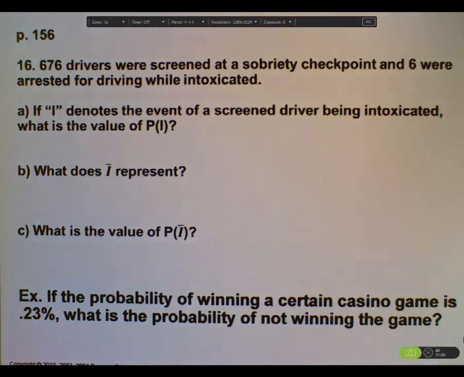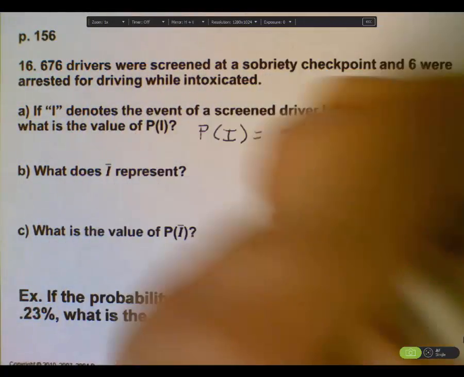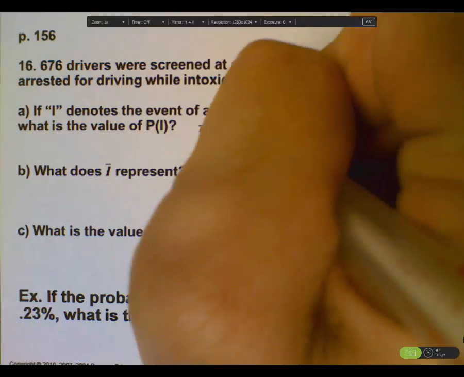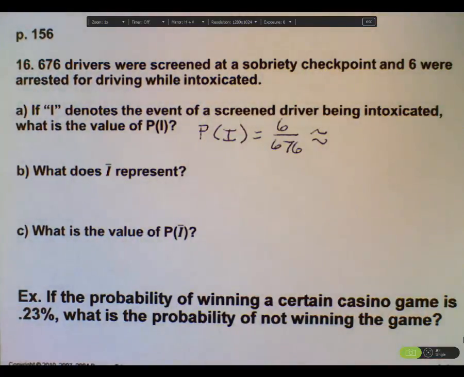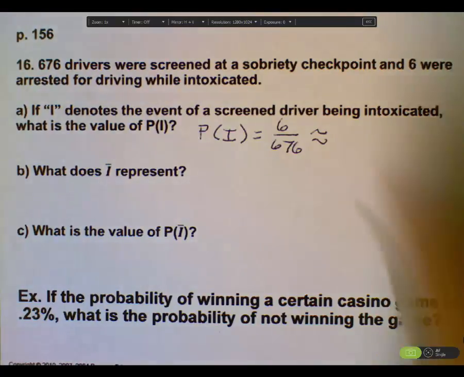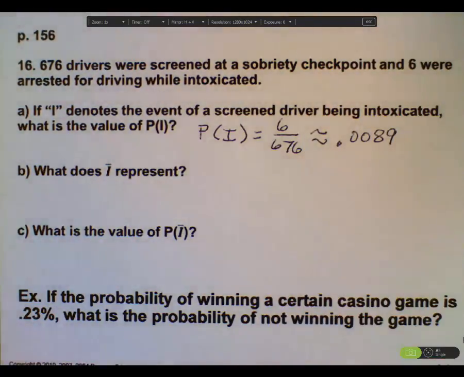Well, there were 6 intoxicated drivers out of 676. So that's very straightforward. The probability of a screened driver being intoxicated is 6 out of 676. If you round that to 4 decimal places, it's 0.0089.